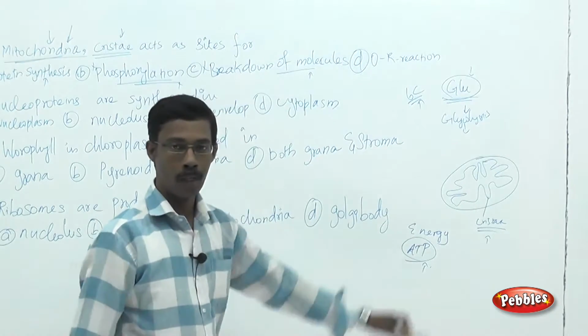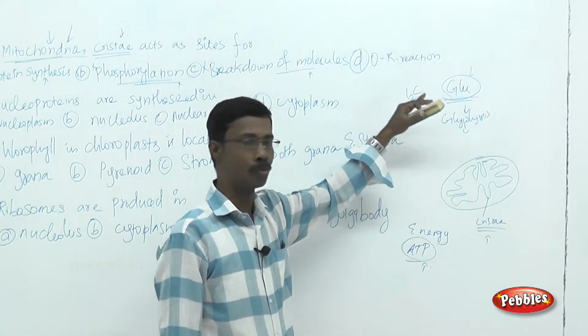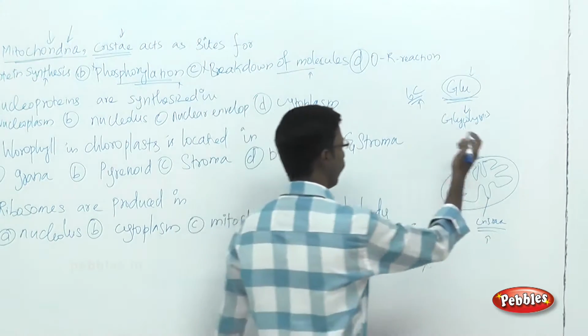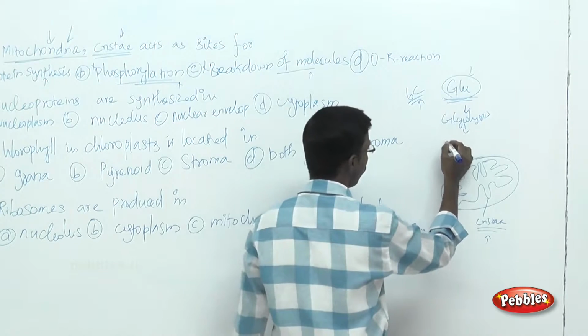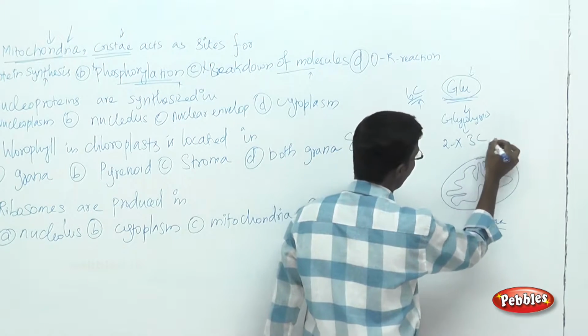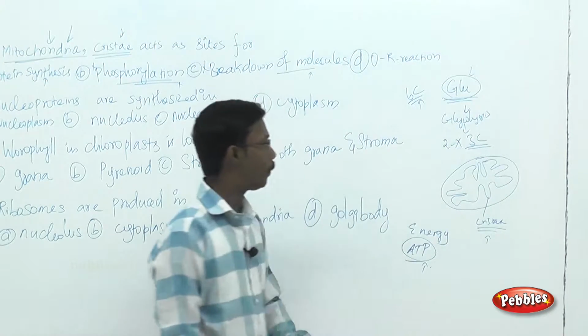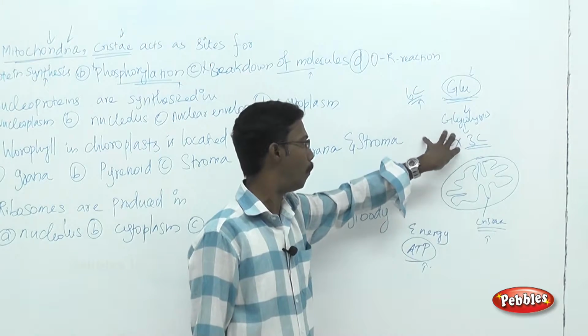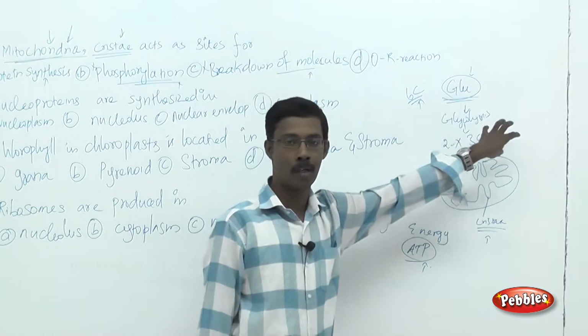It breaks down into smaller organic molecules. At the end of glycolysis you will get two 3-carbon molecules. A single 6-carbon molecule breaks down into two 3-carbon molecules.